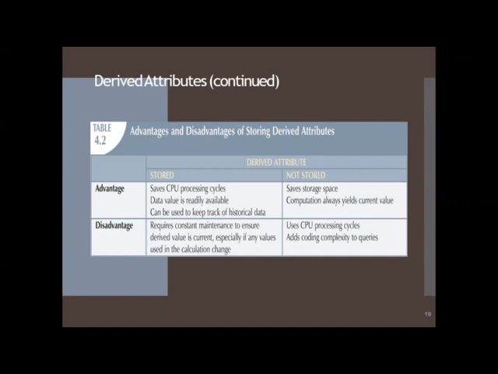So if the calculation changes, we have to go back and make sure the values are updated. It also uses CPU processing cycles and adds coding complexity to queries when it is not stored.